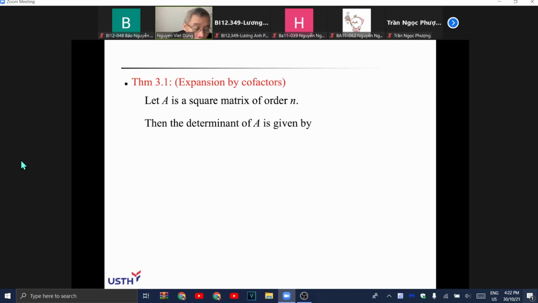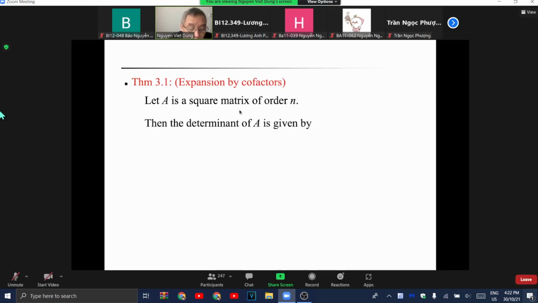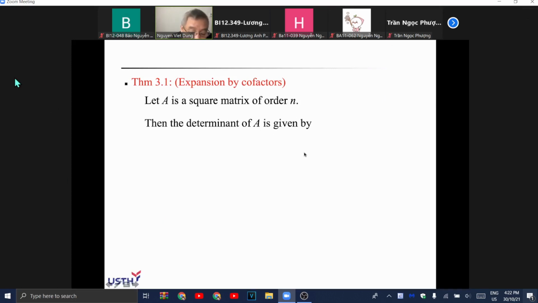So now, if A is a square matrix of order n, the determinant of A can be given by one of the following formulas. The first one is here: the determinant of A equals the sum of Aij multiplied by Cij.